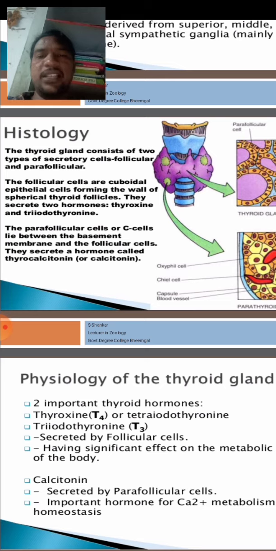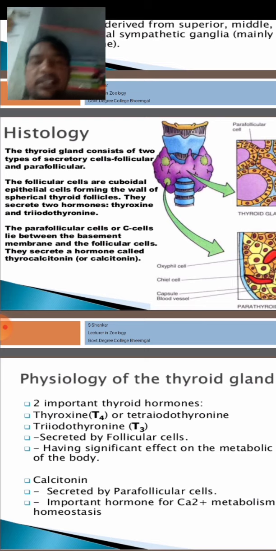The follicular cells are cuboidal epithelial cells forming the wall of the spherical thyroid follicles.